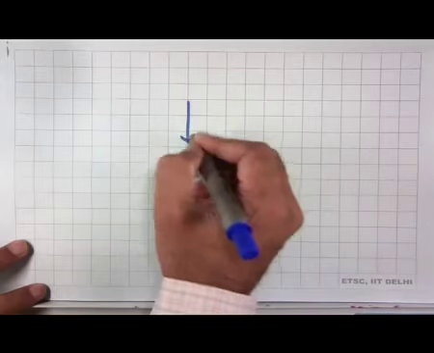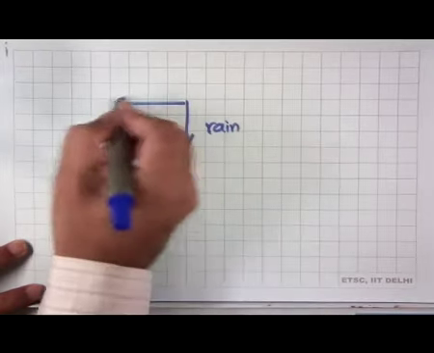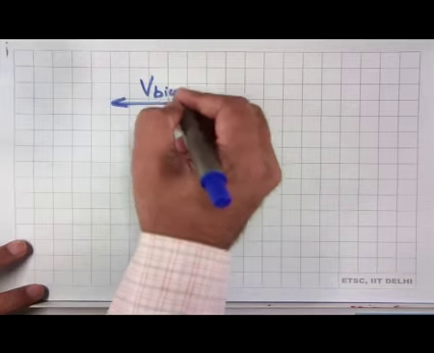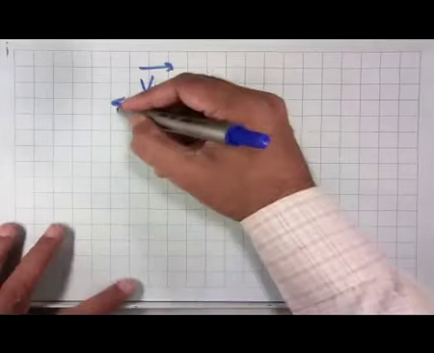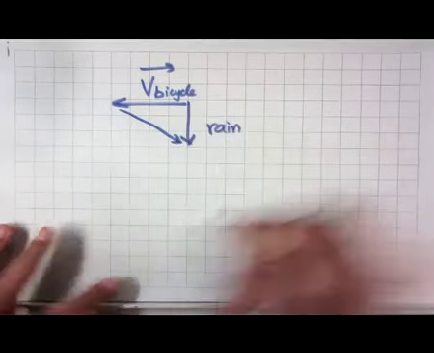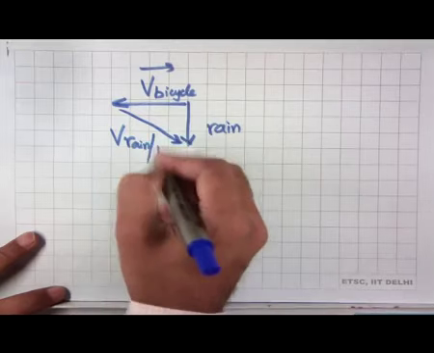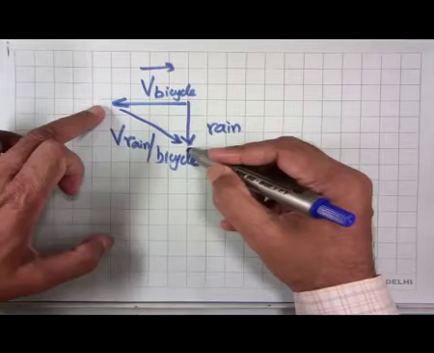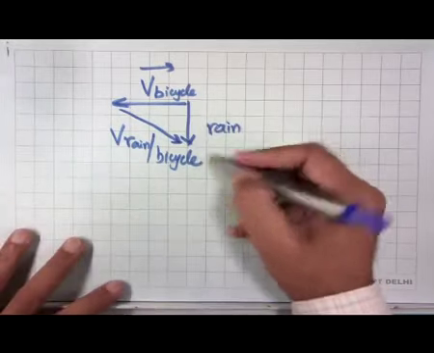So, for example, if raindrops are falling in this direction and a person is moving on a bicycle in this direction, then V bicycle plus V rain with respect to bicycle, the sum of that will be equal to the velocity of the rain.